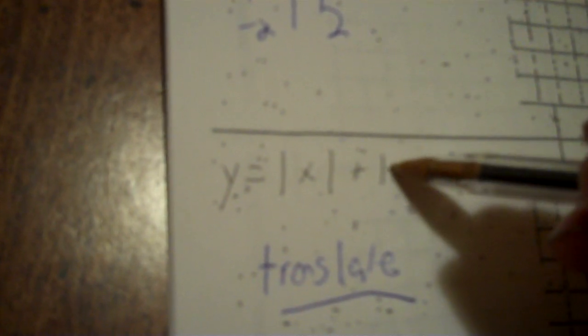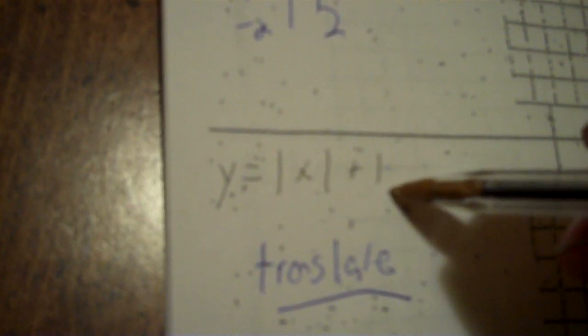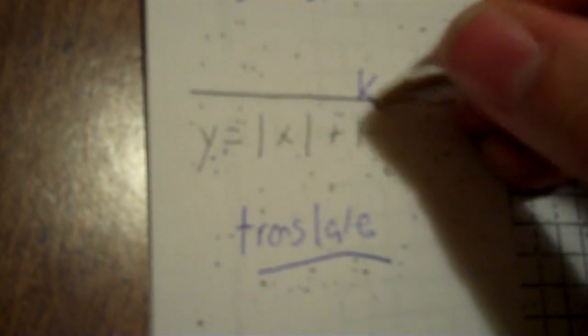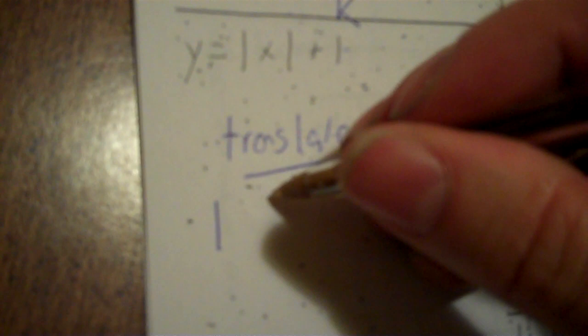It's when the V just shifts. Y equals the absolute value of x plus 1. This, folks, outside, when something's added or subtracted after the grouping symbol, in this case the absolute value, is known as a k value, okay? So I put 1, and k values go up or down.